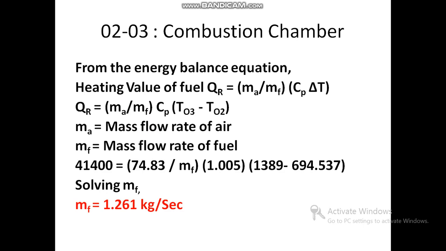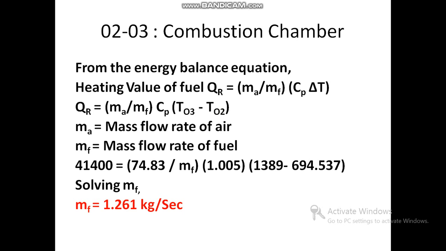Also in the combustion chamber we have to find out the mass rate of fuel. So we go for the energy balance equation. We know that the heating value of fuel QR is equal to the ratio between mass rate of air to the mass rate of fuel into Cp into delta T. The delta T is nothing but the temperature difference. So we may put QR is equal to Ma divided by Mf into Cp into T03 minus T02, that is the maximum temperature minus the minimum temperature.